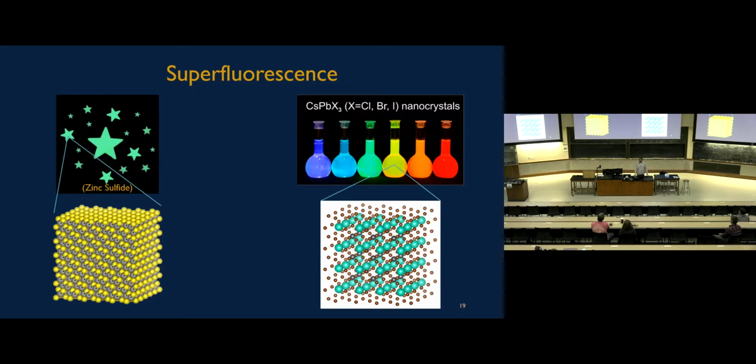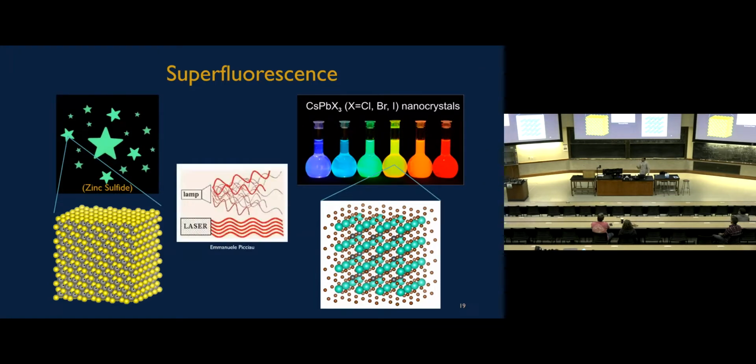What's superfluorescence? It's the same difference between a regular lamp and a laser light. So I have a laser pointer, okay? And you can see that the laser light, I won't point it at your eyes, but you can see that the laser light is different from the light emitted by regular lamps. And this sort of cartoon shows exactly how laser light is different from regular light.